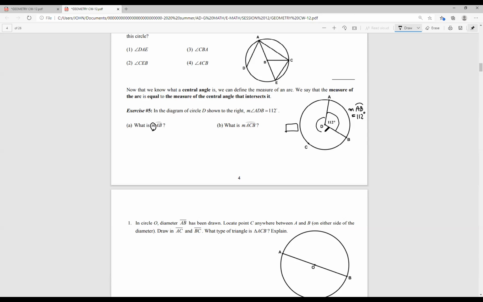Same thing. How much is that? 360 minus 112, 248 degrees, okay? We said measure of angle ACB, not length. M means measure of angle. This is 248 degrees. It's very simple.